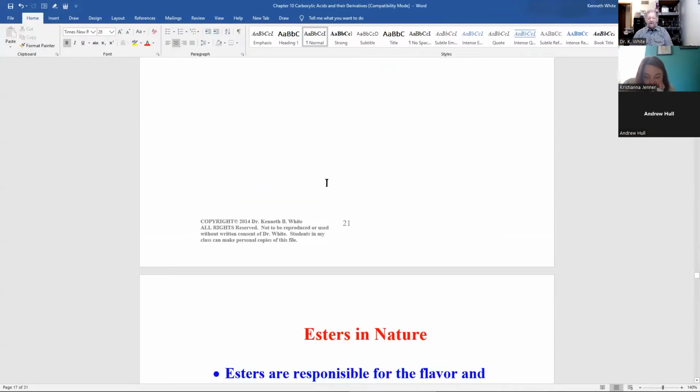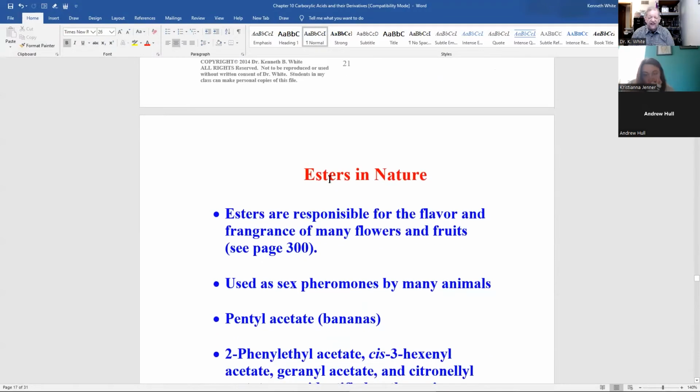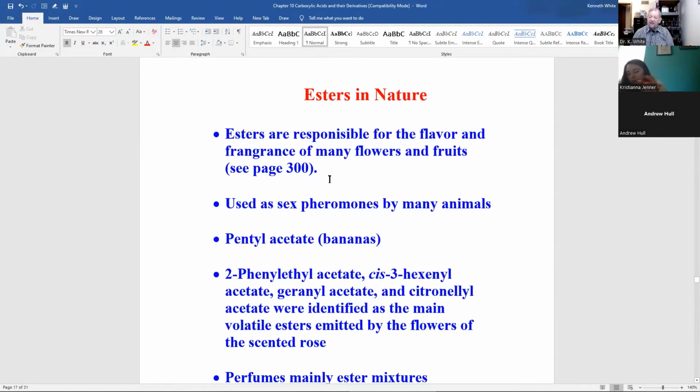Ooh, fun part. Let's find out, where do you find esters in nature? Well, the first thing, I bet you didn't know, which is why I'm telling you, and this is stuff you should know, esters are responsible for the flavor and fragrance, how it smells, of many flowers and fruits and vegetables too, I could have added.